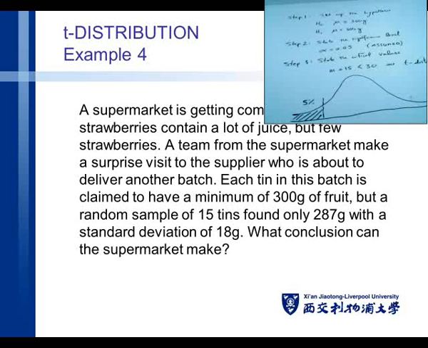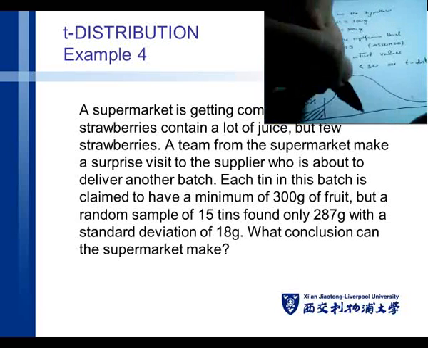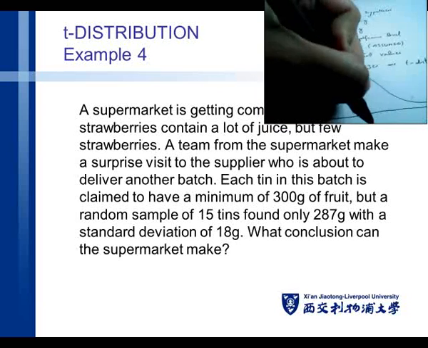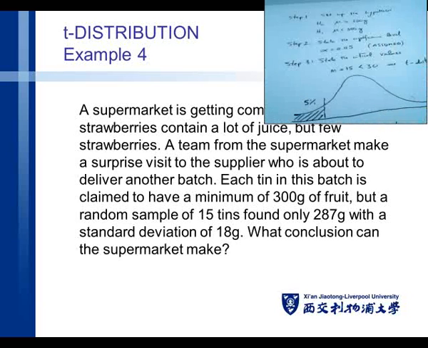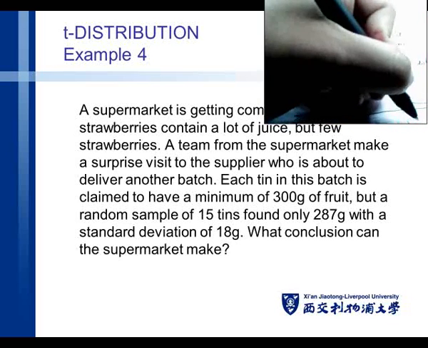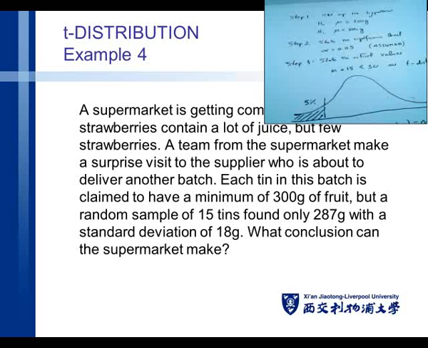And you're going to look up in the t distribution a value t1, so that the probability that x is smaller or equal to t1 is equal to 0.05. The t distribution that's in your textbook is only for x greater or equal to a certain number.